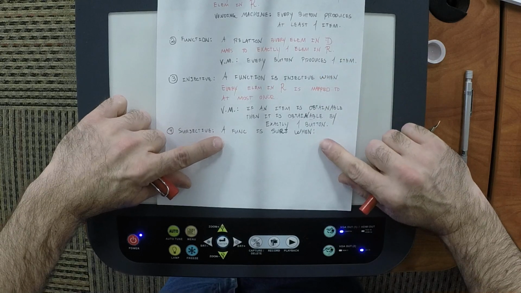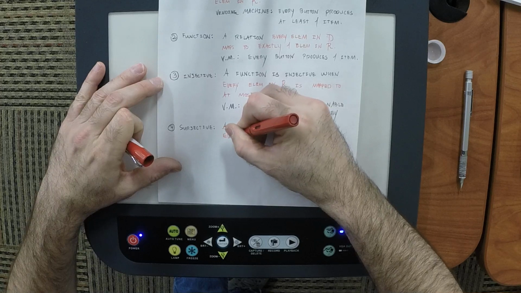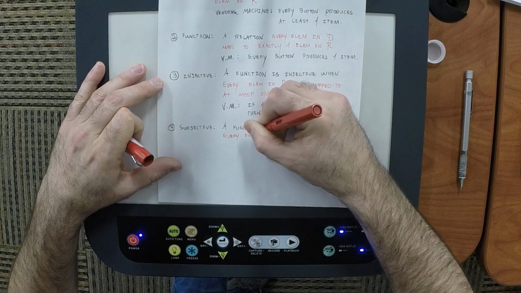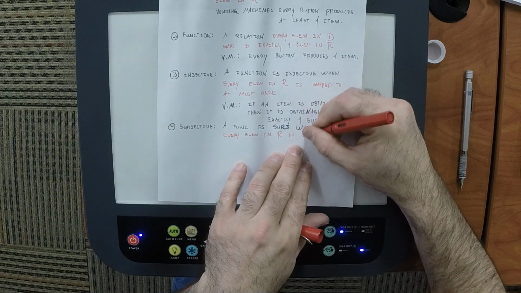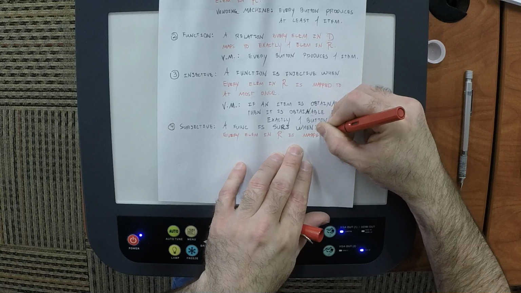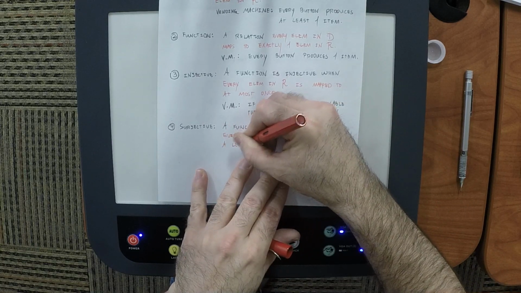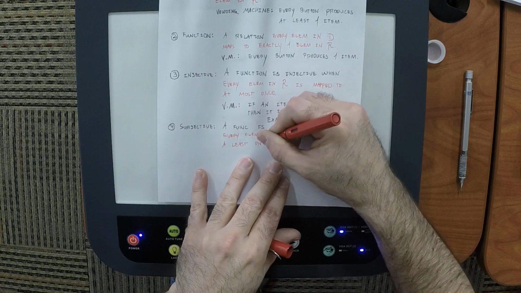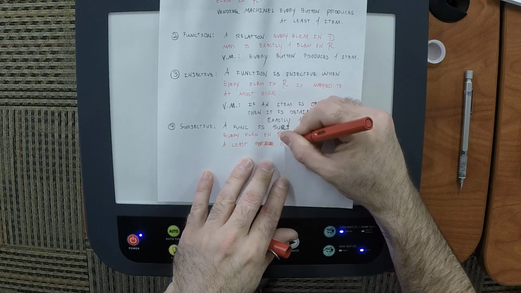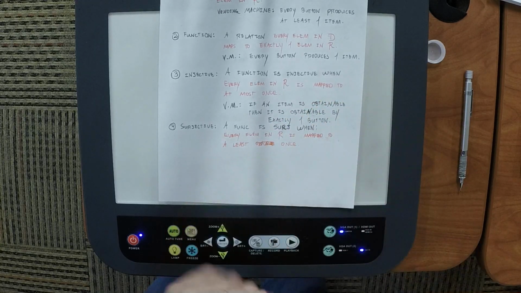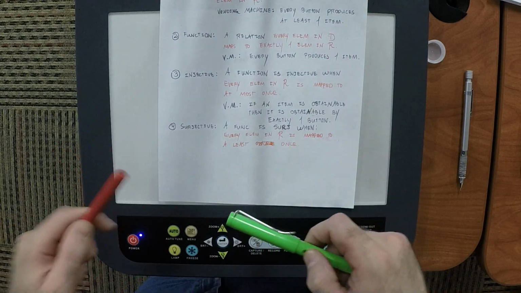So what is this one? At least once. So every element in the range is mapped to at least once. The distinction is the at most versus at least.